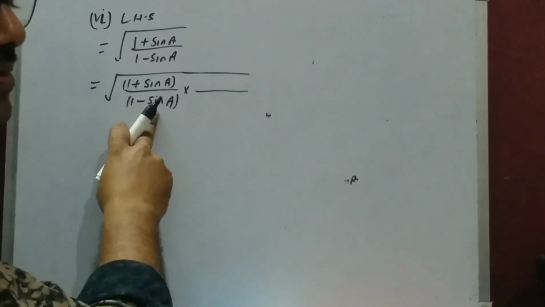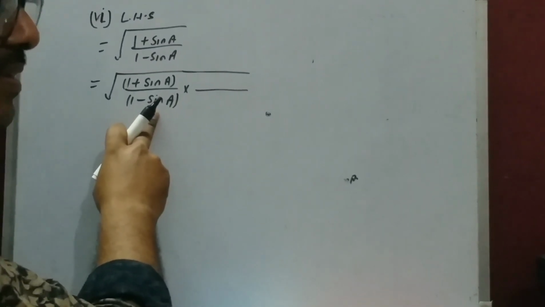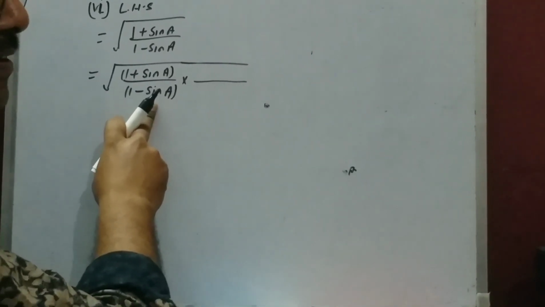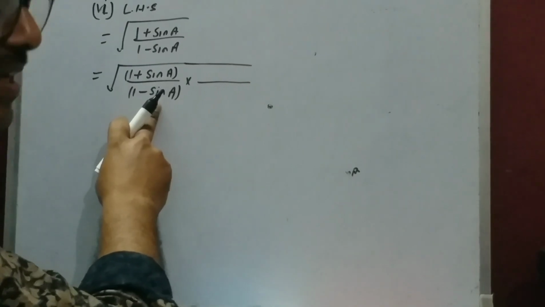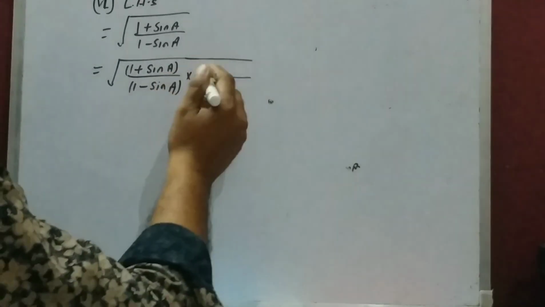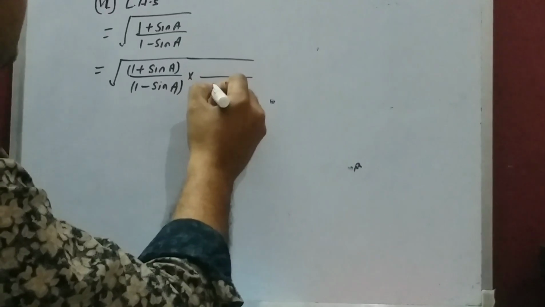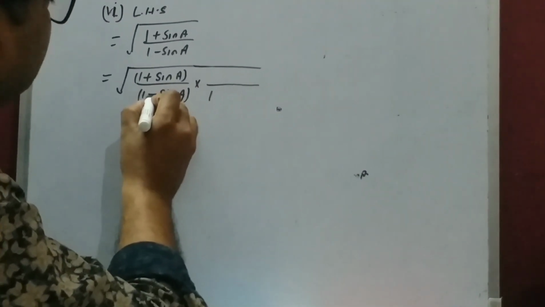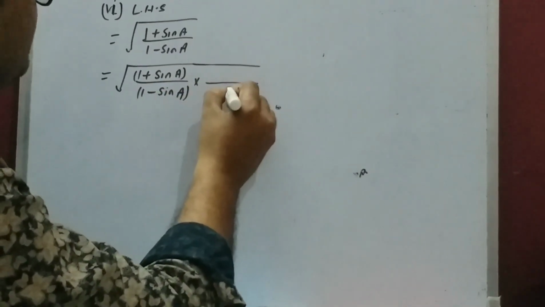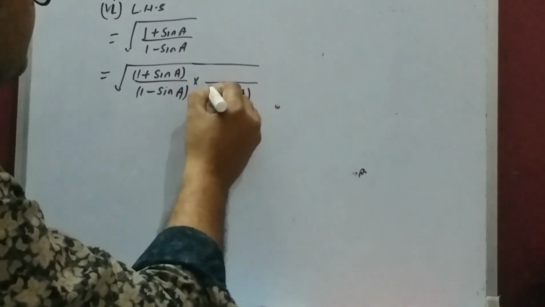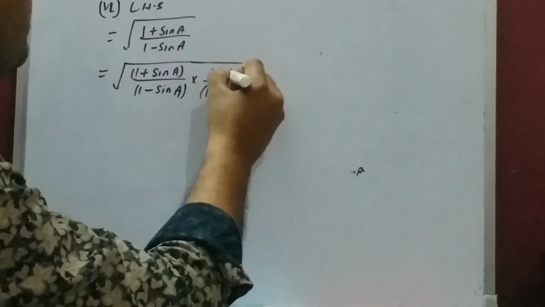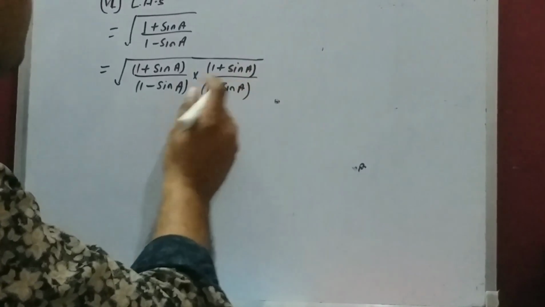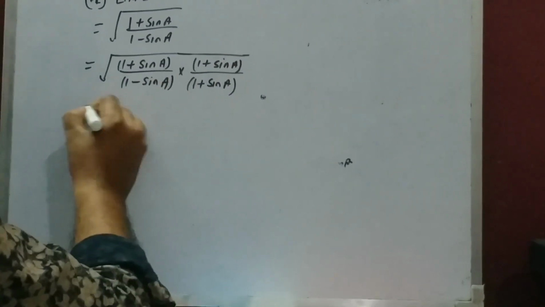This word is used in 11th in another section which is called complex numbers. But I am using this word. So you will write just the opposite sign. In other words, you will take the opposite sign of this, 1 plus sin A. And similarly, this will be written in the numerator.